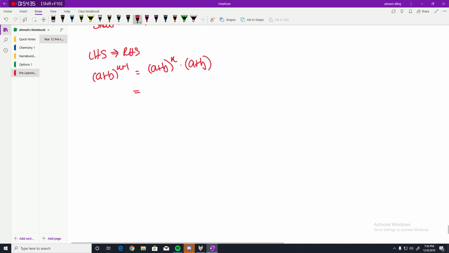So we just substitute that in. We get a to the k plus k choose 1, a to the k minus 1 b plus all the way to b to the k, right? Times by (a plus b), and if we expand that out, we get our right hand side.